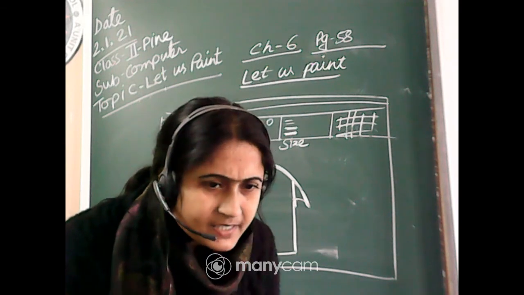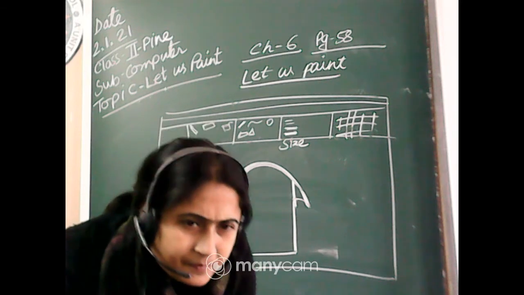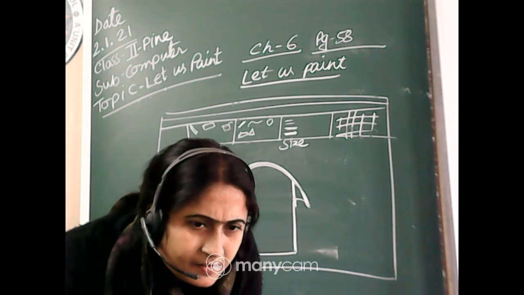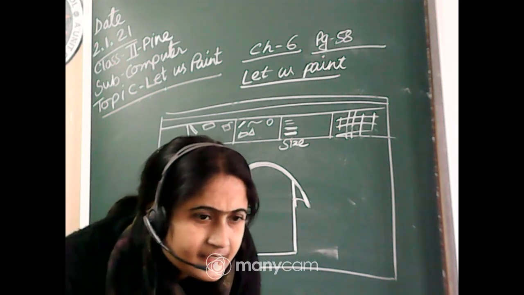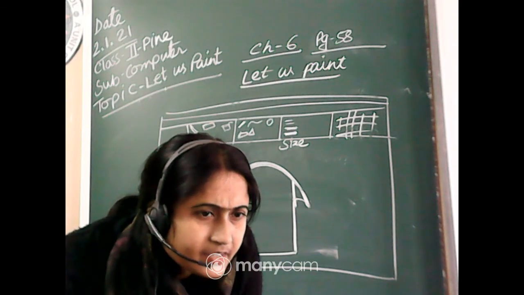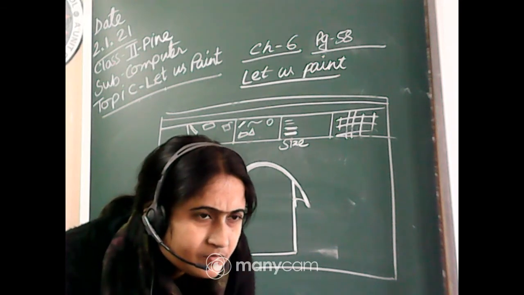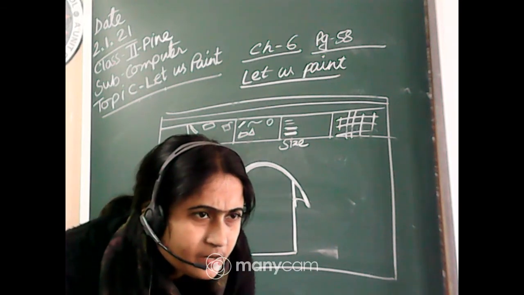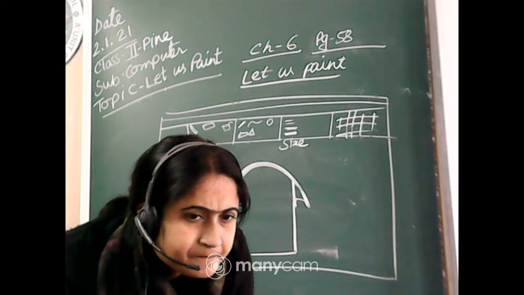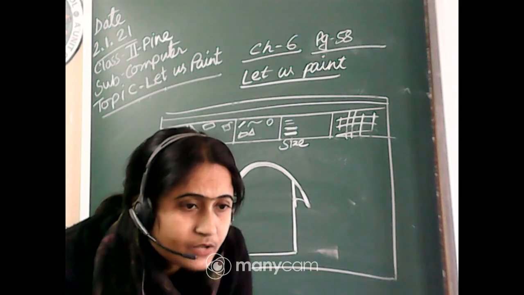You all please write down P, that means you are present. I cannot see your name list. What is going on, beta? You just write down P, otherwise I cannot take your attendance. For today this much. See you next time.